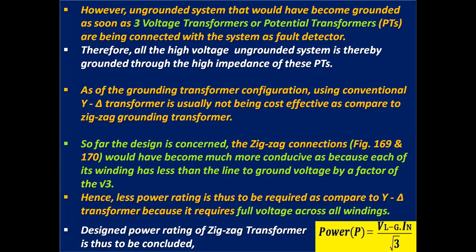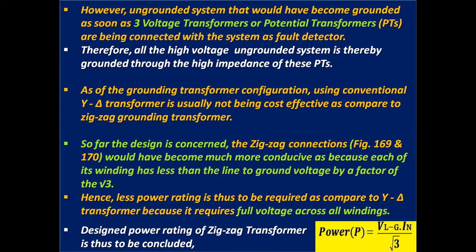However, an ungrounded system becomes grounded as soon as three voltage transformers or potential transformers, that is PTs, are connected with the system as fault detectors.